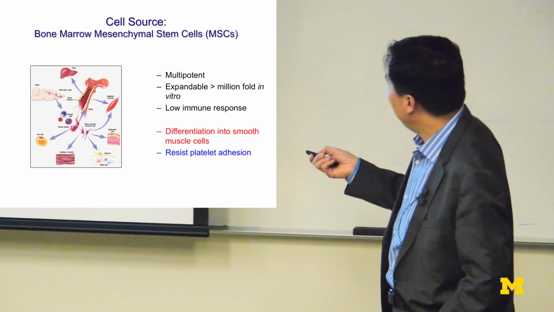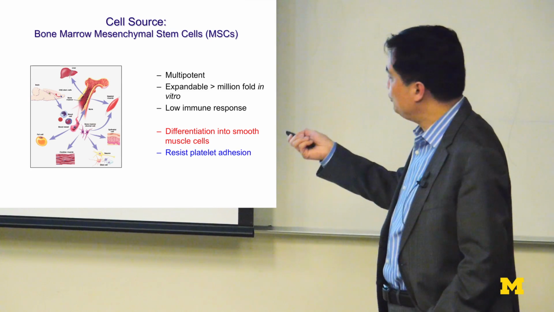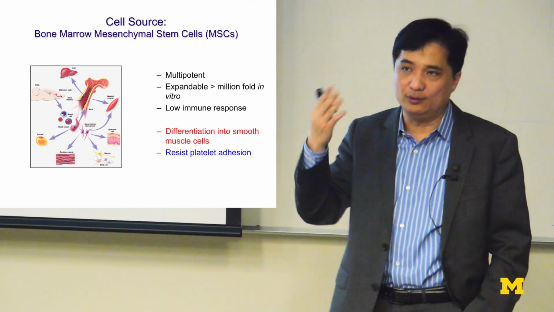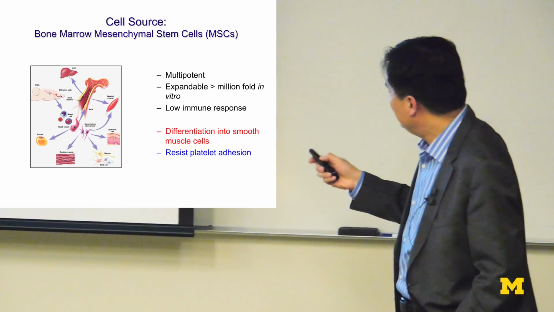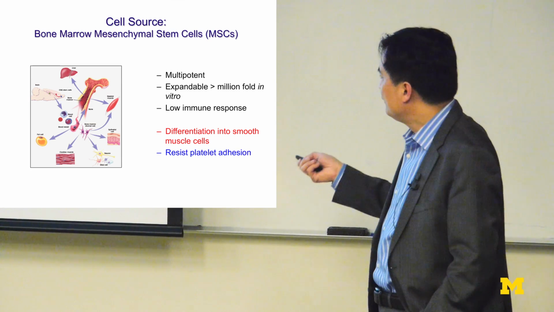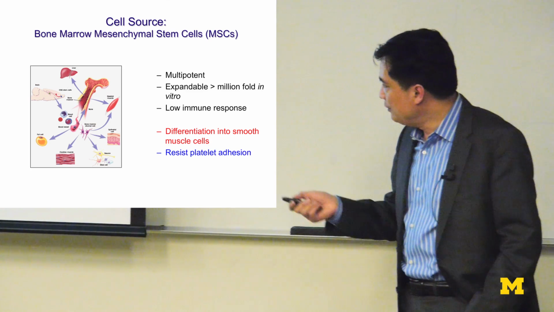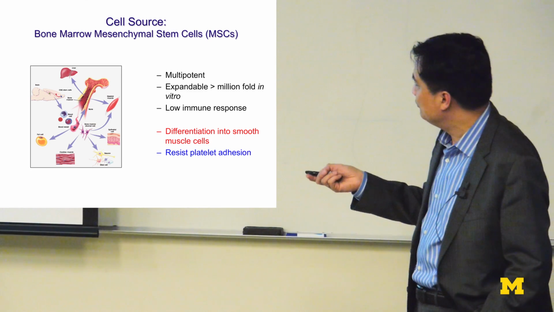Now, two properties related to the vascular cells. One is that these cells can differentiate into smooth muscle cells in the vascular wall. The other one is that it could resist platelet adhesion because it's compatible with platelets generated in the bone marrow. And we have shown this in a previous publication.